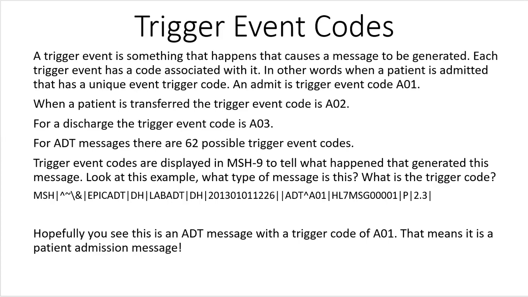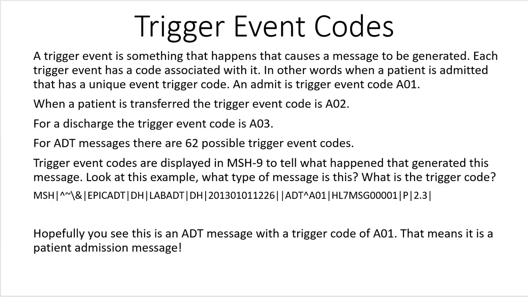Right? That triggers that A01. When that patient is moved from CCU, the cardiac care unit, to a standard floor, that triggers an A02. So it's important that we connect what's happening in the computer systems to what's happening in the real world.